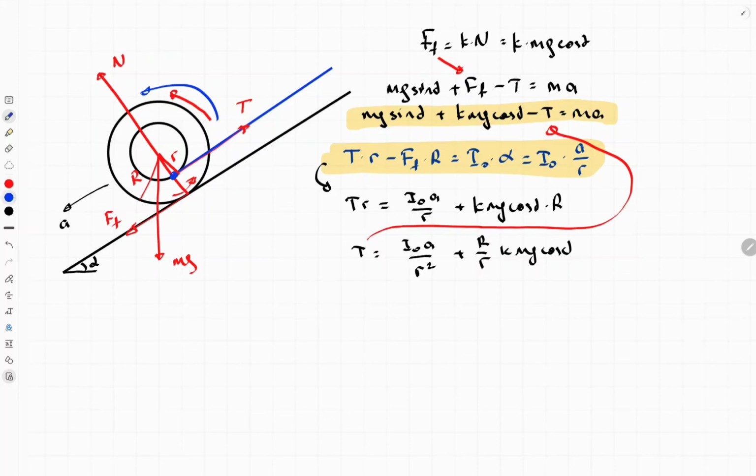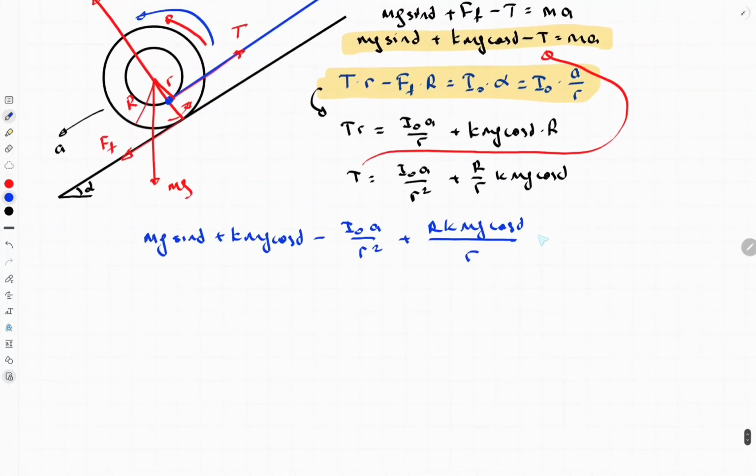So let me copy equation number 1. Minus tension, which is this one. Equal to MA. Let me take this part to the right.